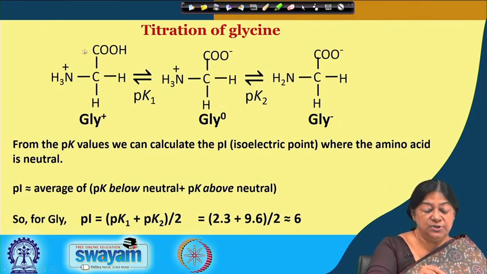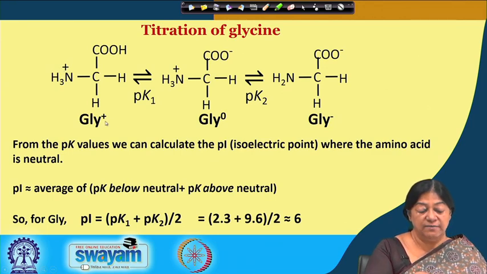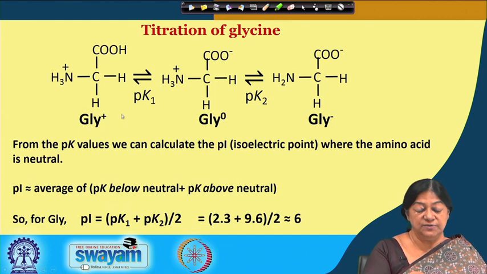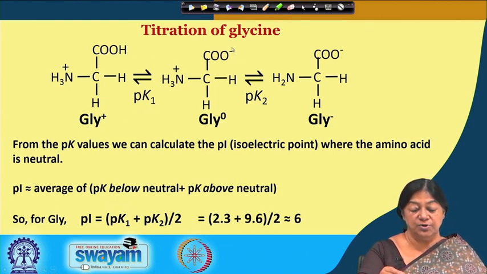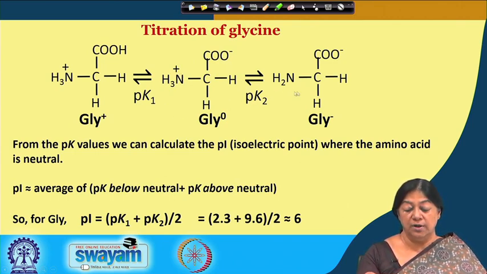So, the structure that we saw in the first case where we have a glycine that is positive, where we just have a positive charge, pK1 means the loss of this proton, so it renders this neutral. Then we have pK2, which is the loss of this proton, rendering this as the Gly negative.